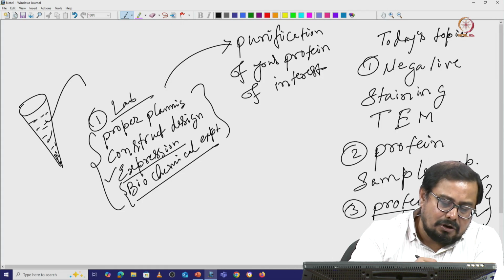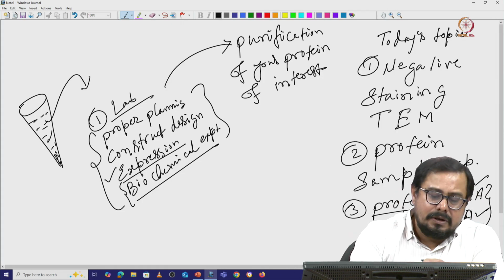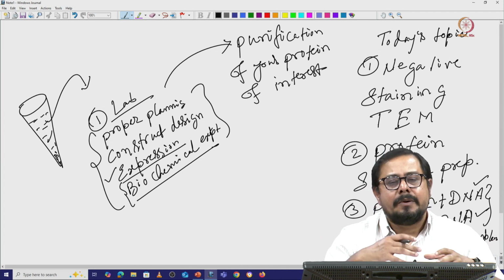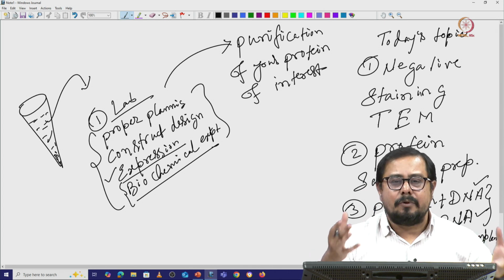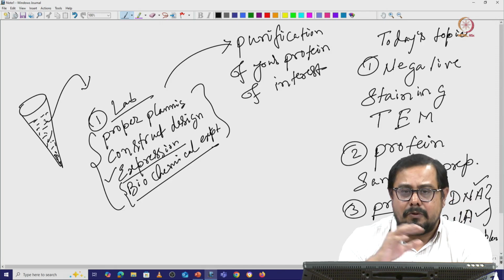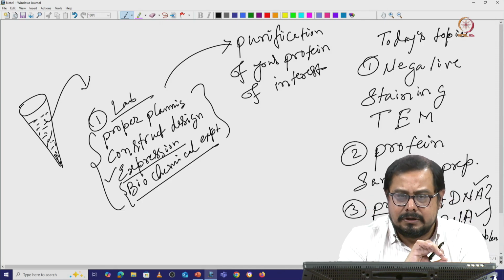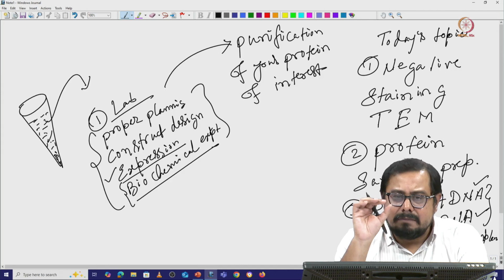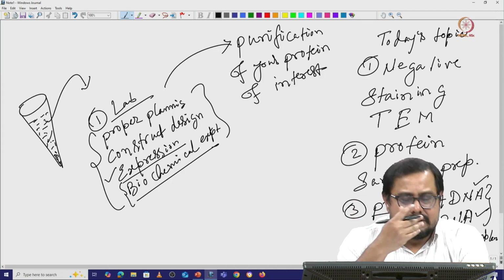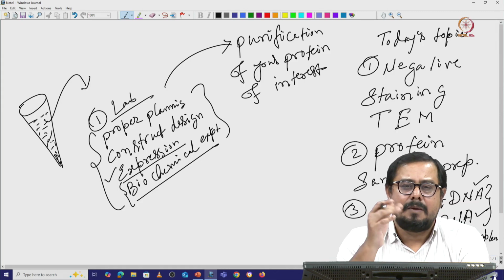Then you will take this soluble protein, but when you rupture the cell, many other proteins come into this solution. So, how do you separate your required protein? You are targeting maybe one particular protein, maybe a DNA polymerase or RNA polymerase or some kind of metabolic enzyme.